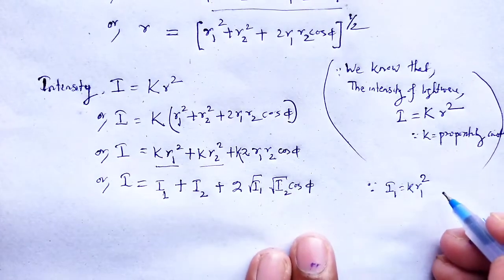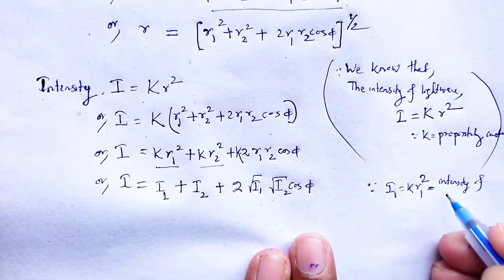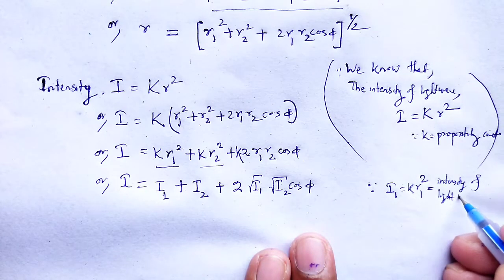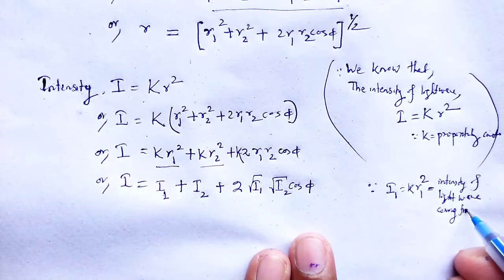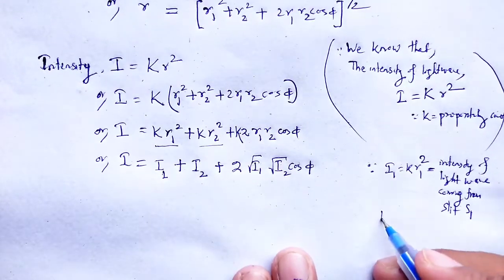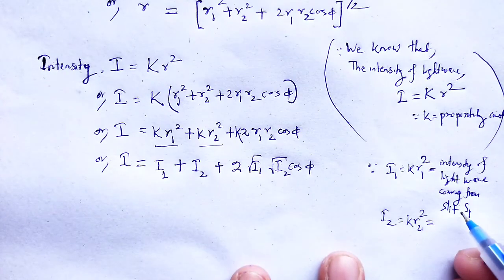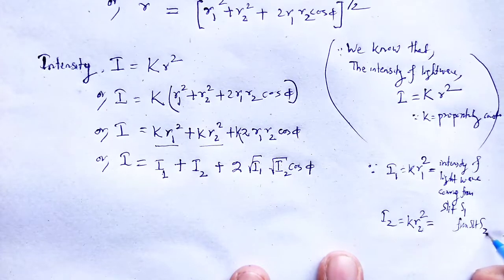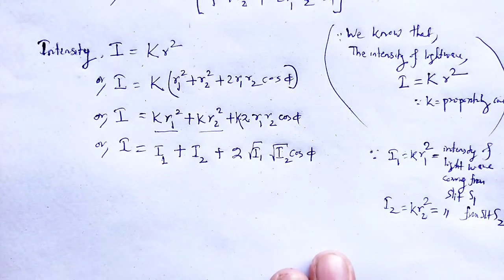Here we take I1 equal to k r1 square, the intensity of the light wave coming from slit S1. Similarly I2, that is k r2 square, is the intensity of the light wave from slit S2.